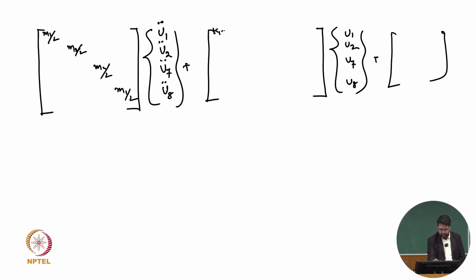Here it will be K1 plus K2 by 2, minus K2 by 2, minus K2 by 2, K2 by 2.